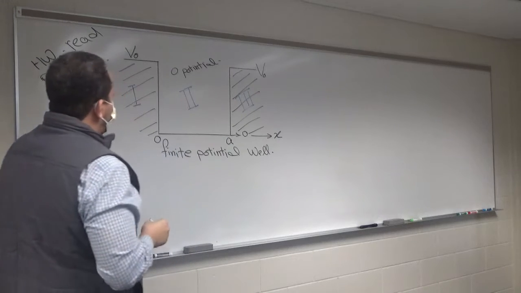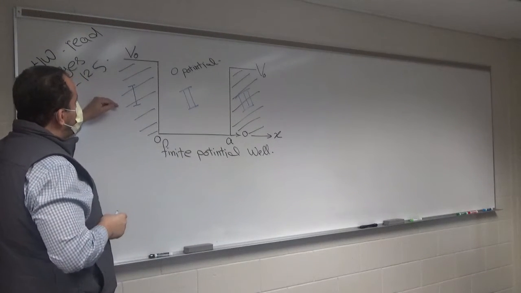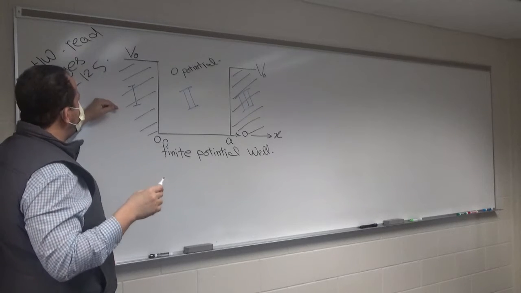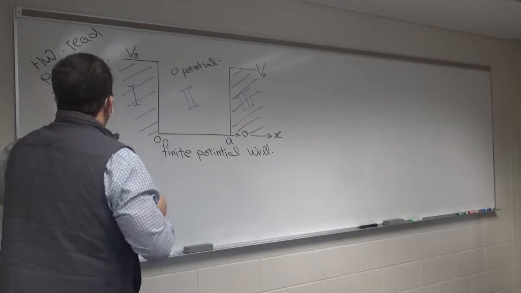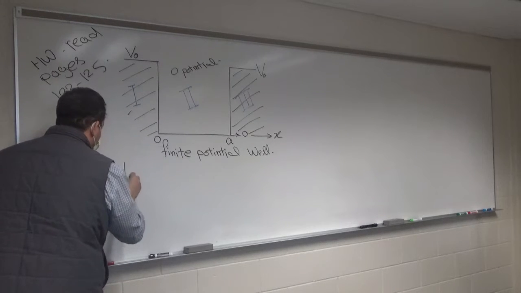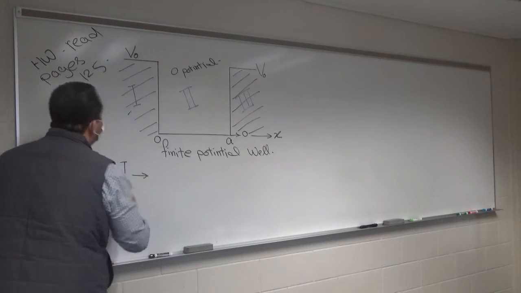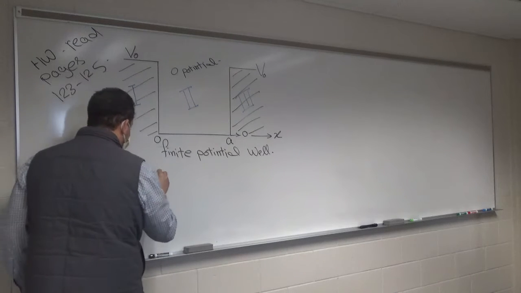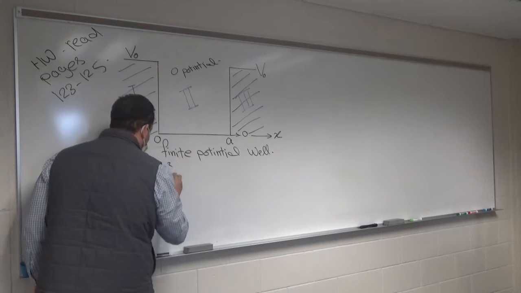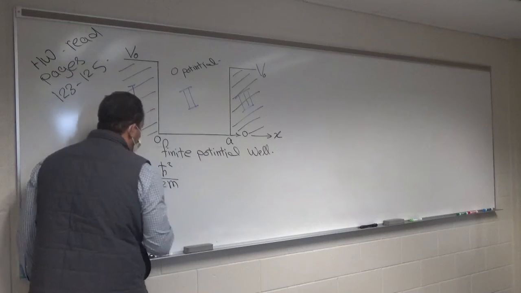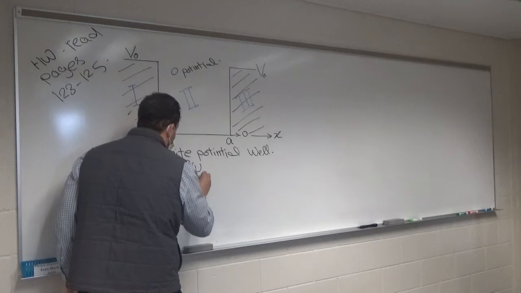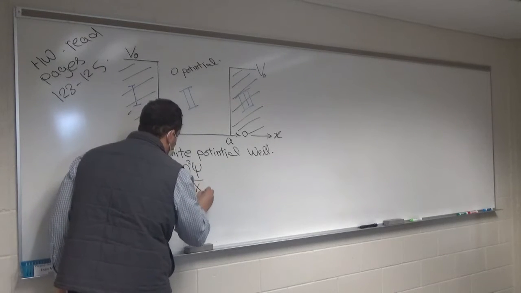Let's now try to write a Schrödinger equation for this problem. Before we do that, we need to look at these regions, guys. I will start with region number 1, which is I. So what I'm going to do here, I'm going to write the Schrödinger equation. The Schrödinger equation should be minus h bar squared over 2m, and I have here partial squared psi over partial x squared.